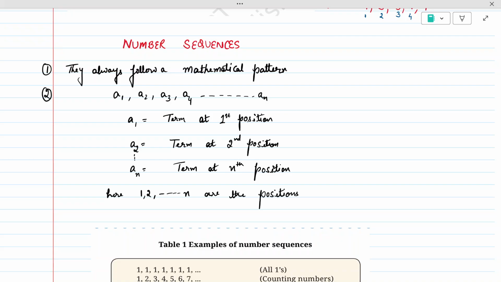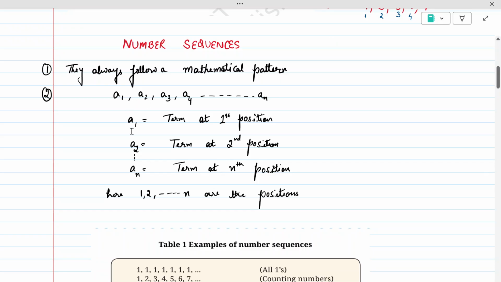In the last class, we understood that the number sequences always follow a mathematical pattern, and we can define a sequence in the following way: A1, A2, A3, A4 up to AN, where these A1, A2, A3, A4 are all the terms, and these 1, 2, 3, 4 are the positions.